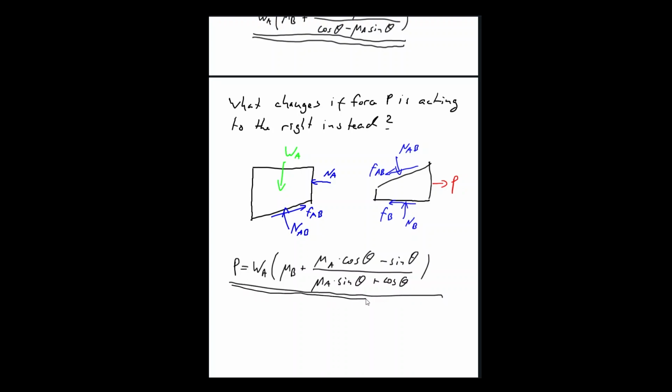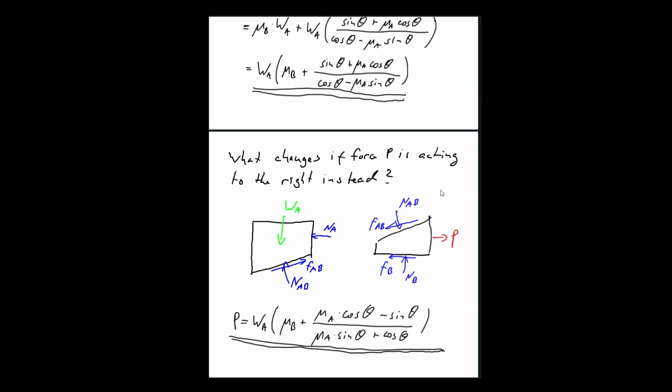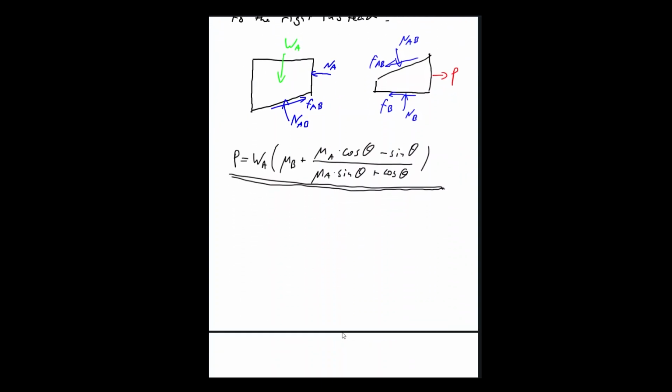That is now the force that we have to apply. We have to pull on it, right? So it's not a huge amount of change. Basically, all we do is flip the sign of the sine. The sine theta here is positive, here it's negative, and we change some other signs down there as well. The cosine here was positive, the sine here was negative, and it's now positive. But otherwise, the system is the same.